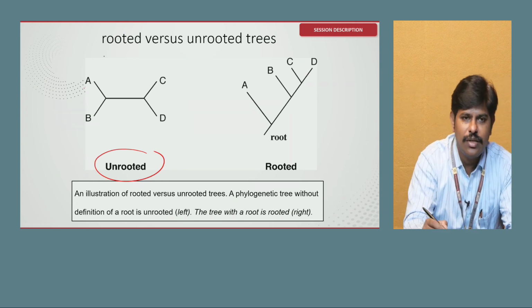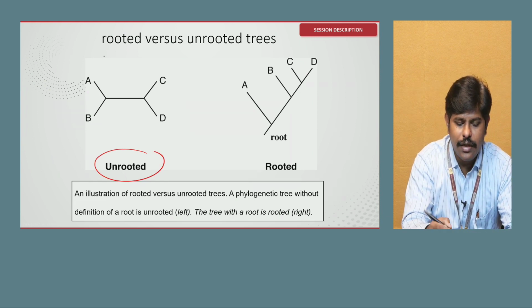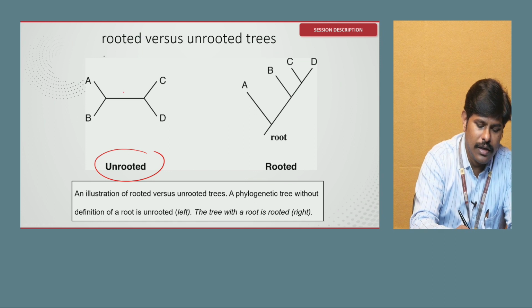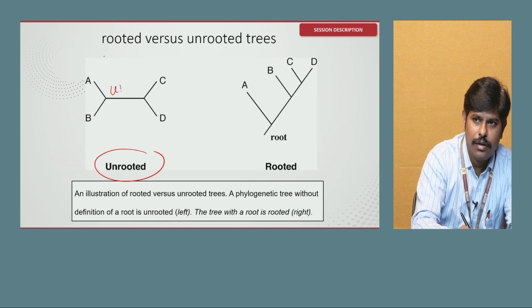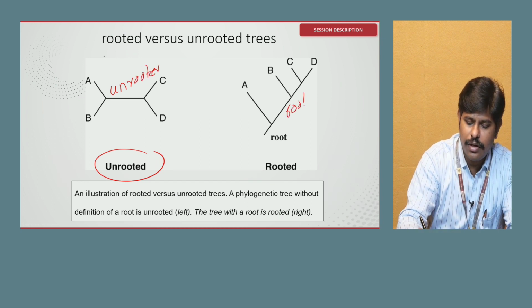So I have A, B, C, D, 4 different taxa. We don't know the tree here. Maybe this will become an unrooted tree, whereas this is a rooted tree.